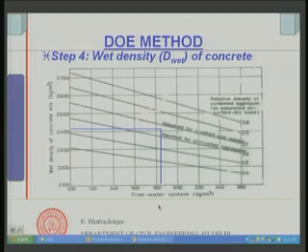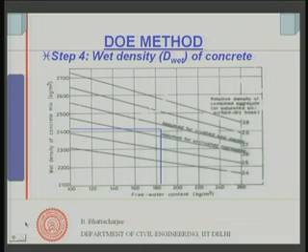Then how do I determine it? Supposing my water content is 180, and my specific gravity is around 2.65 for the combined aggregate, then my wet density will be somewhere here, 2400 and maybe 50 or maybe 10 or something like that, whatever it is.